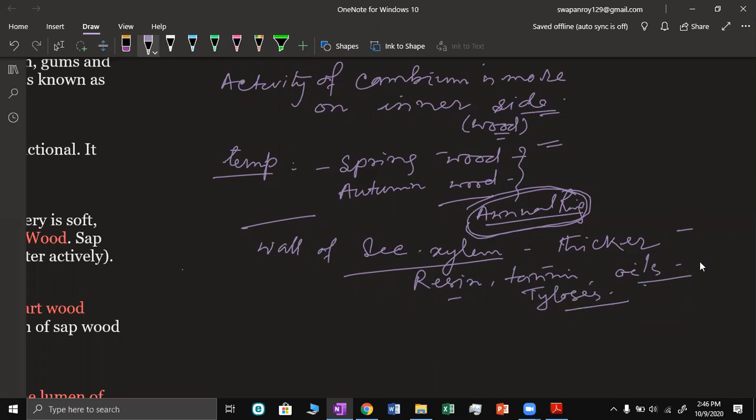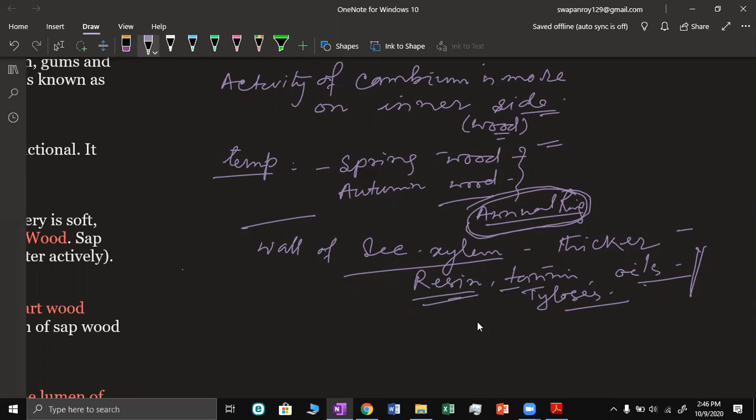These things are added, and that's why gradually the xylem vessels are blocked. Actually their lumen is gradually blocked.